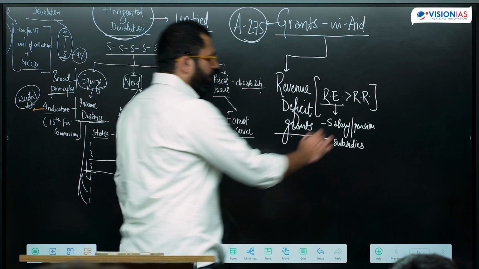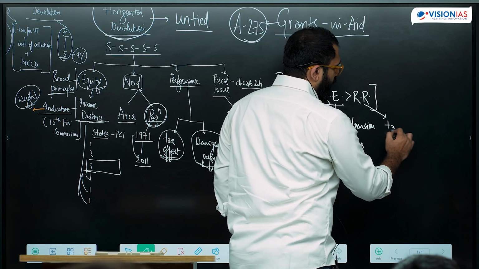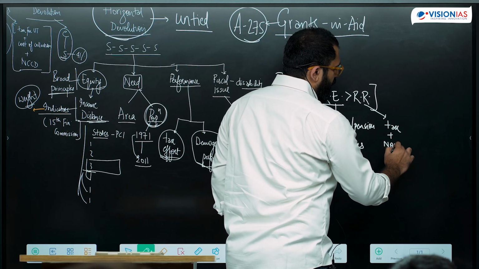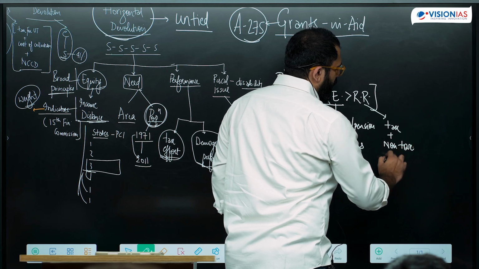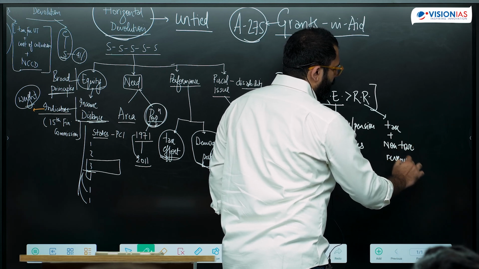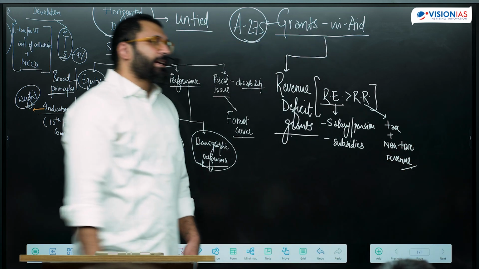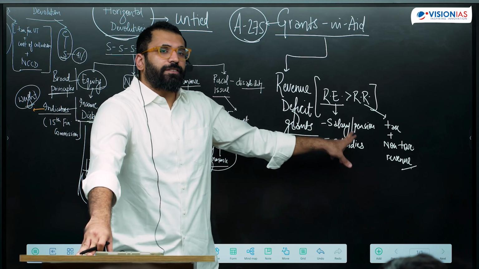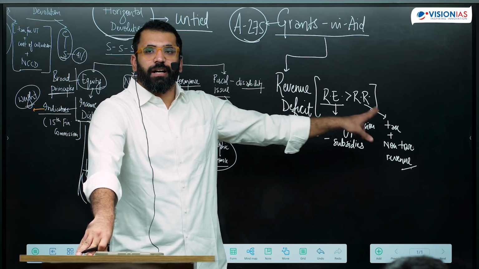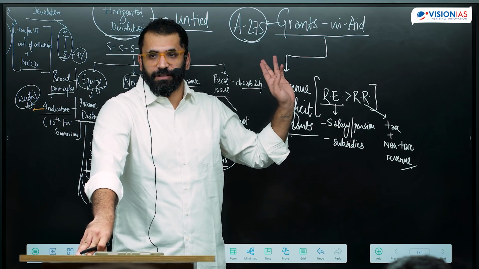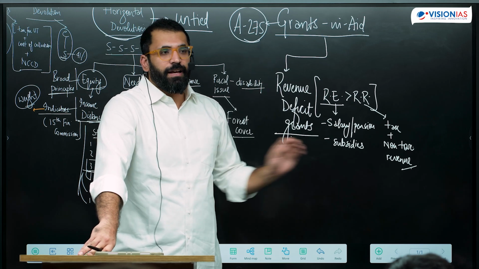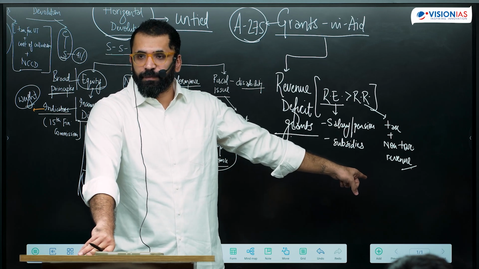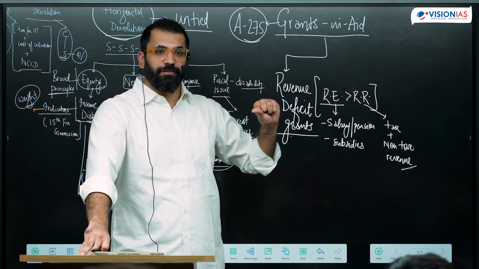Revenue receipts include tax plus administrative and commercial revenue. So that means the current expenditure of the government is more than the current receipts of the government. They have a revenue deficit. Now this is the most problematic deficit. Now, for daily use you don't have money. So why does the Finance Commission give this?